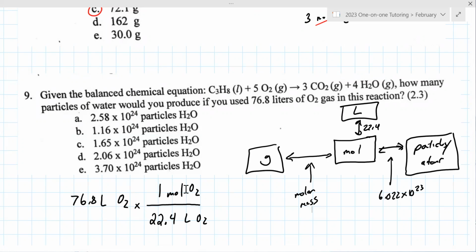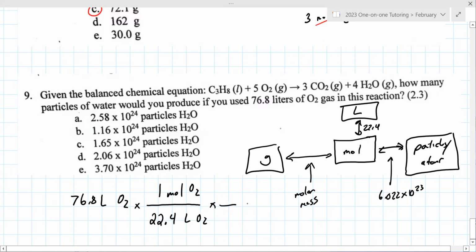So what do you do next now that you've converted to 76.8 moles of O2? Whenever you get to moles, you go back to the balanced equation. You're at O2 and you want water, so you go 5 moles O2 to 4 moles H2O, from the balanced equation.